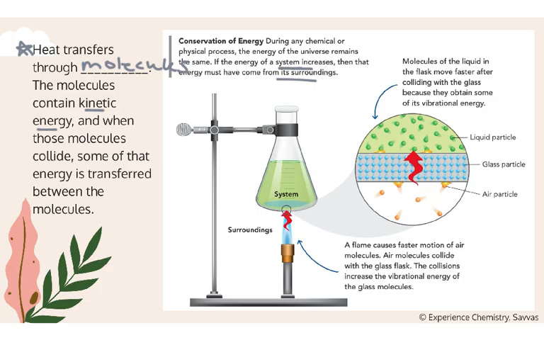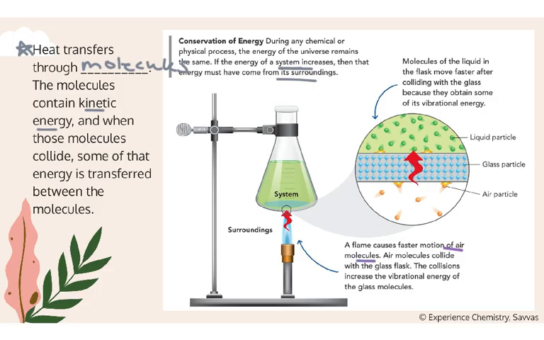And so what we have here is a picture, and if you want to think of this, the system could be like our ice pack, but in this case we have that actual reaction or that substance in here. That's our system. This just looks like some solution. And then we have our surroundings. So a flame causes faster motion of air molecules.